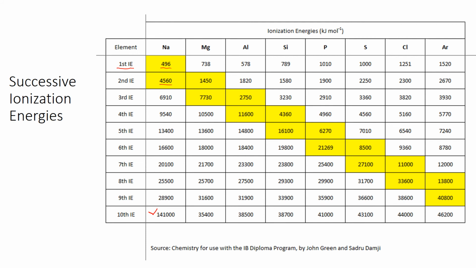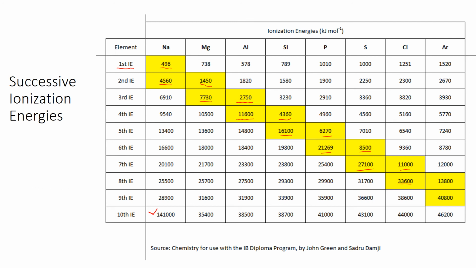We see a similar large increase between the second ionization energy and the third ionization energy for magnesium. And that increase keeps getting further and further down in terms of your successive ionization energies for each of these elements as we go across a row on the periodic table.